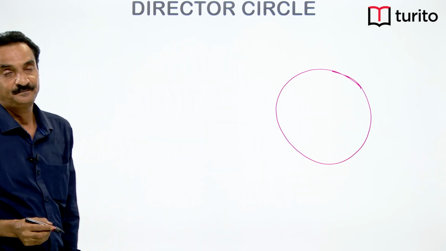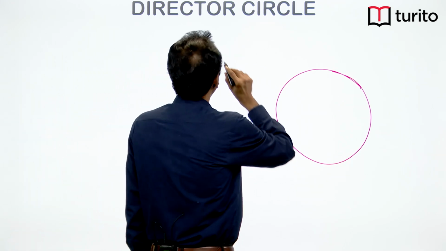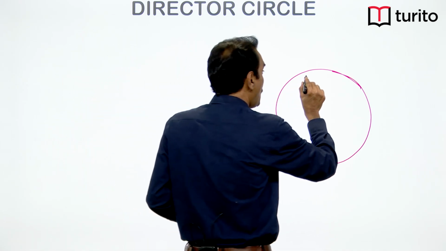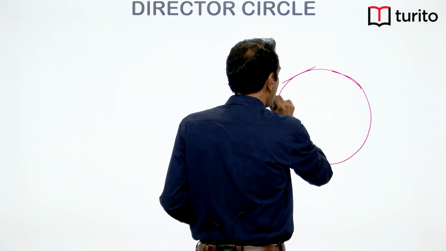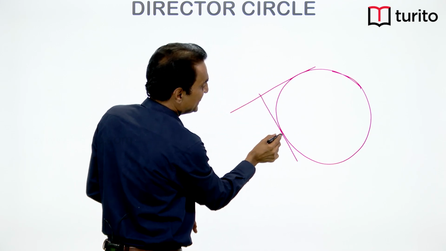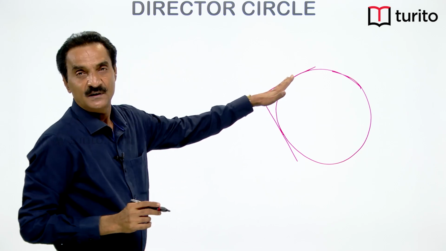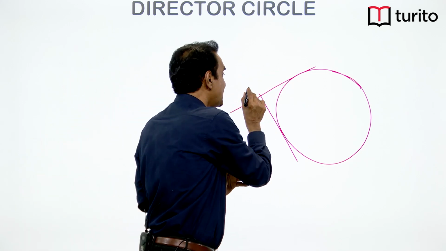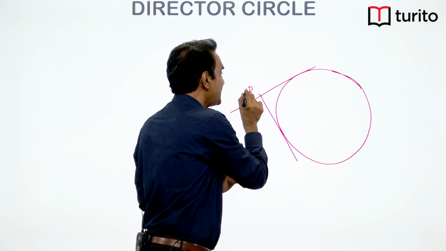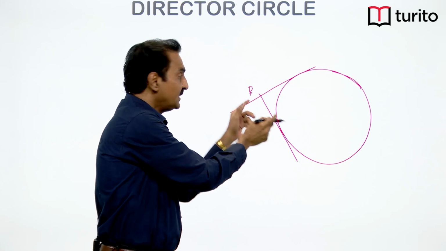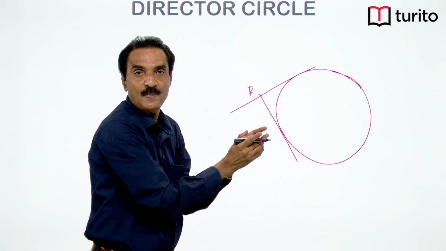Consider a circle. The definition of director circle is the locus of the point of intersection of perpendicular tangents of a given circle. A circle is given, then if you draw perpendicular tangents, say they intersect at P, then as these two tangents move, the point P also moves.